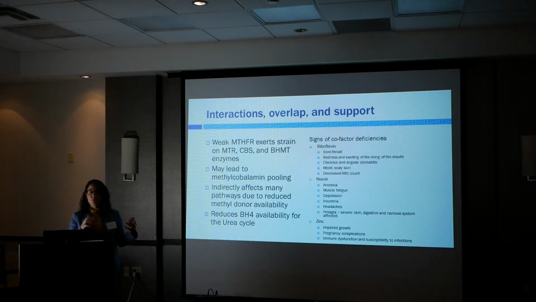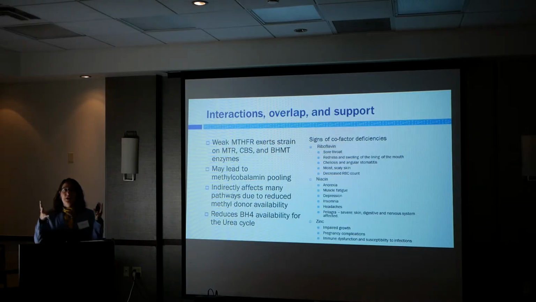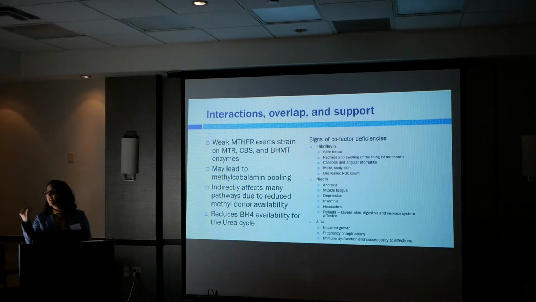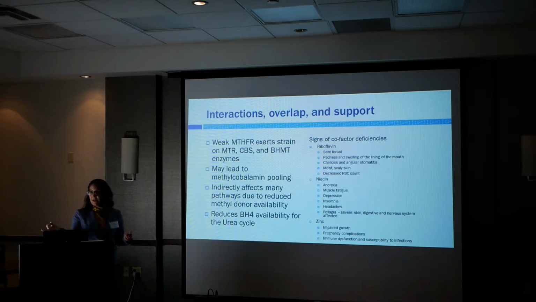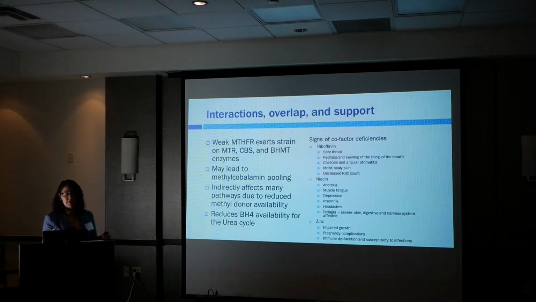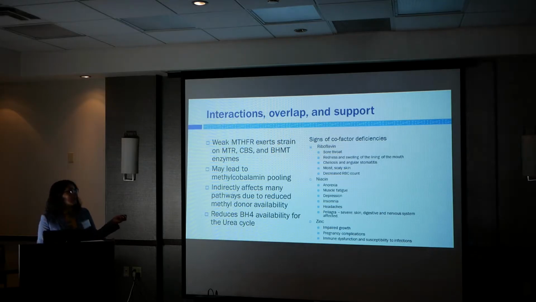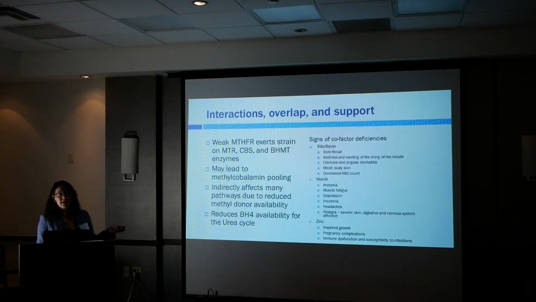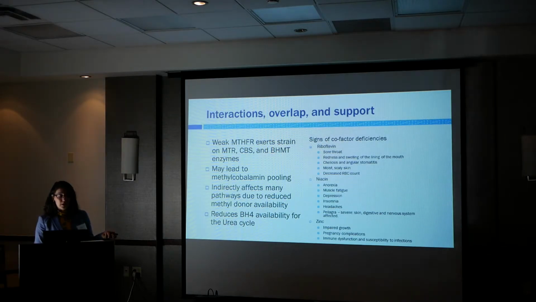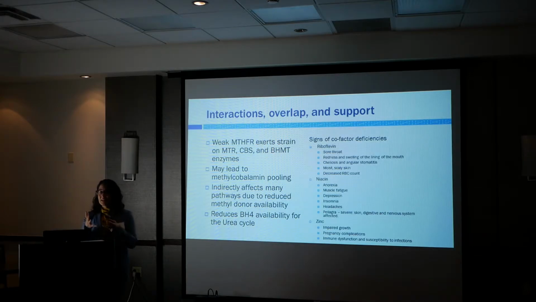So that can also cause secondary deficiencies in the cofactors required for them: B12, choline, betaine anhydrous. These are all things that are going to be affected by that. If we're taking a bunch of folate and only looking at MTHFR and not MTR and MTRR, we can end up with methylcobalamin pooling. And that's going to slow down the pathway. So we really need to take a look at all of this together.